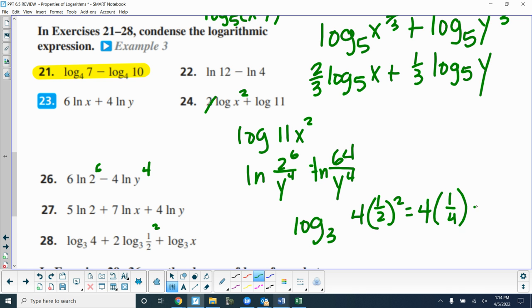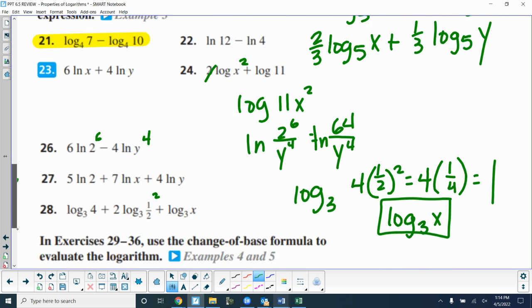What's 4 times the fourth? 1, right? And then times x. So I guess when we're all done, it's 1 times x, which is x. Okay? So we're just simplifying as we're condensing.